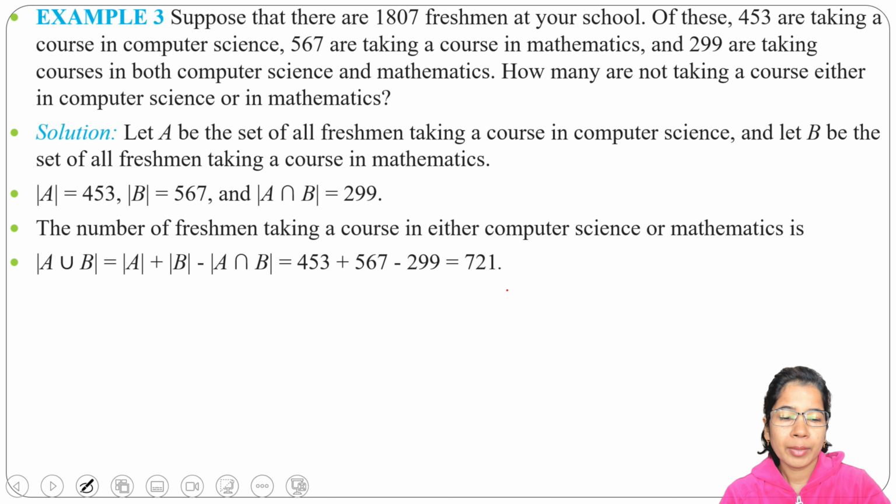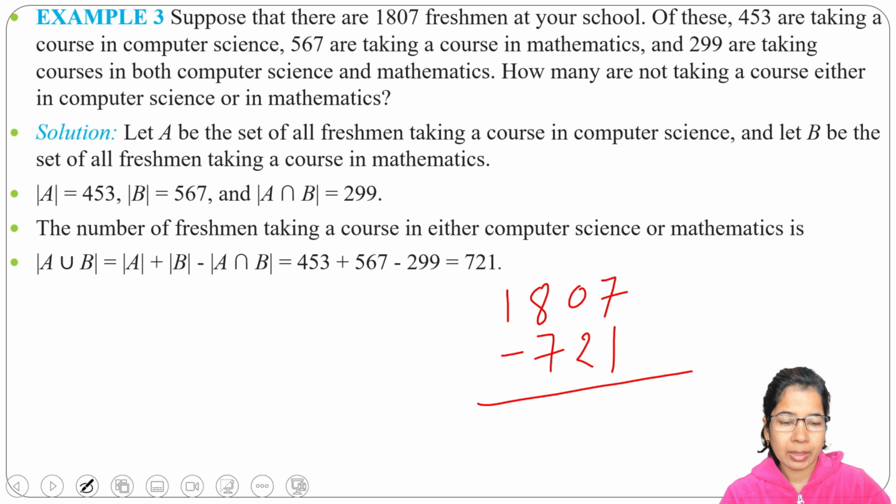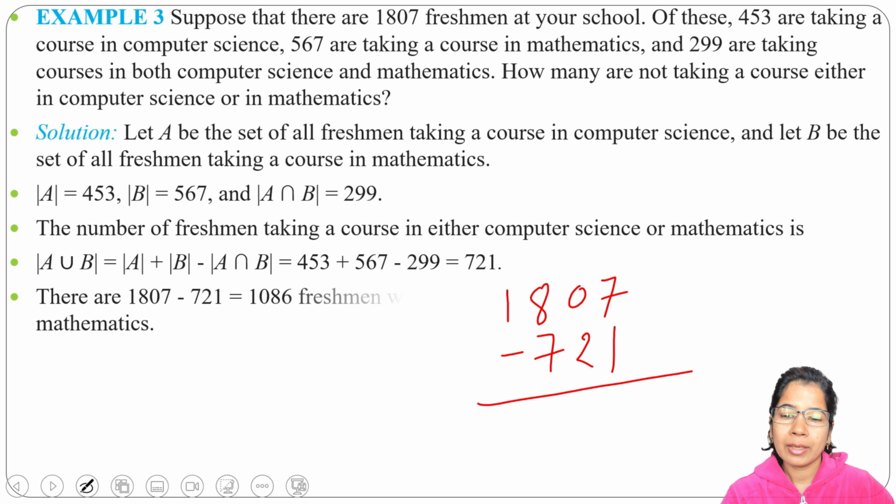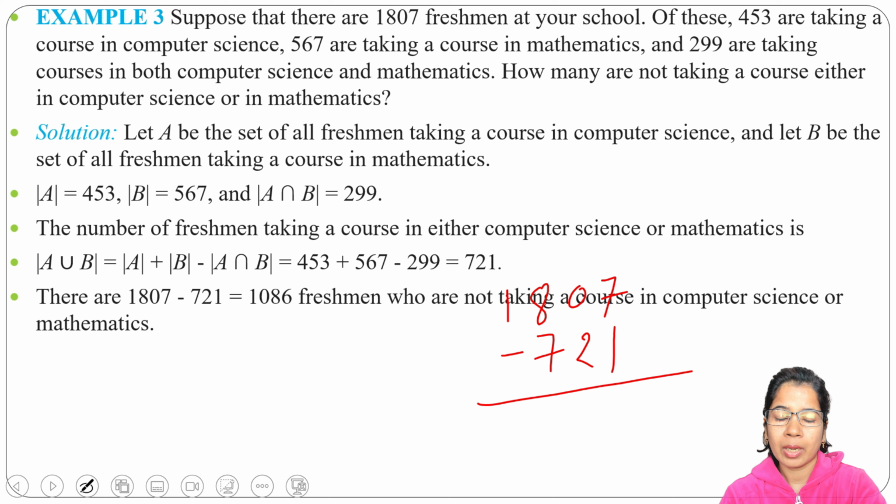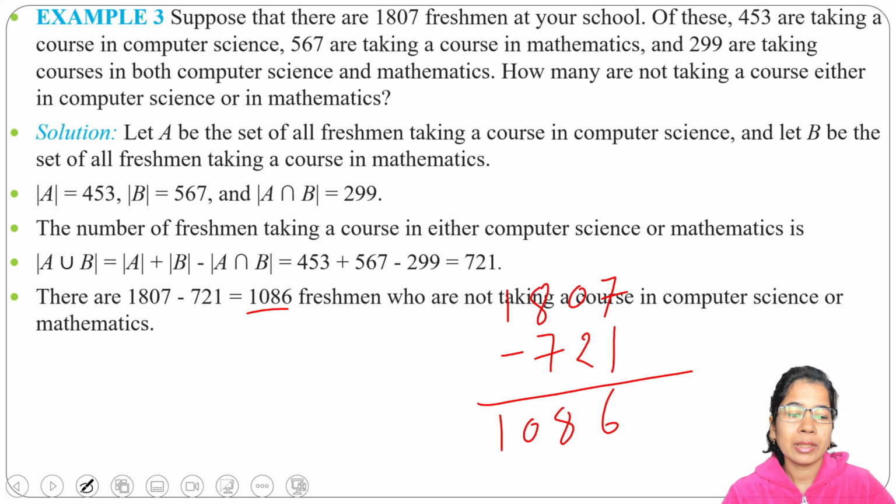So in total how many students? 1807. From that, 721 are taking a course in either computer science or mathematics. So you can subtract that. 1807 minus 721 is 1086. There are 1086 students who are not taking a course in either computer science or mathematics.